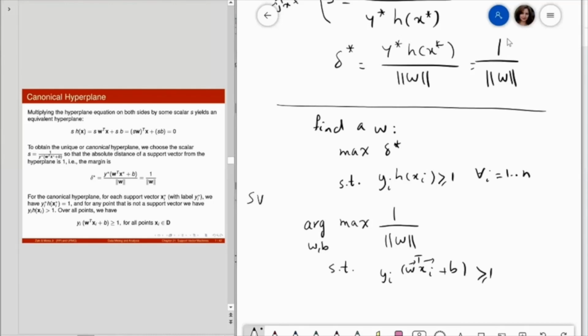So this is the SVM's objective function. This is what we are going to do, how we are going to find this separating line that is SVM.